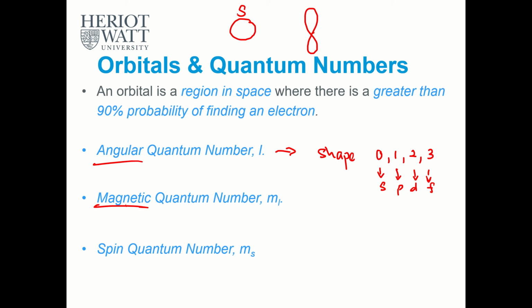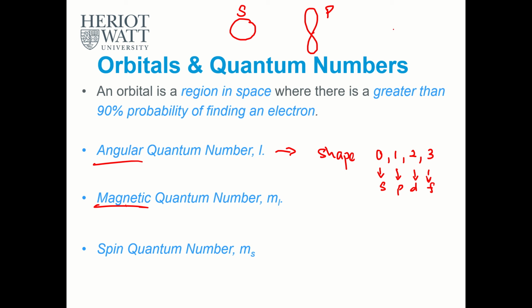This is the S orbital, which has a spherical shape, and this is the P orbital. Now, of course, if you look at the S orbital, within this spherical shape, we don't have any different orientations because it's spherical. That's only one orientation. But if you look at P, we can actually put this dumbbell shape into different orientations.